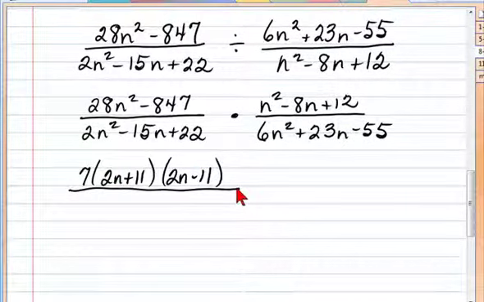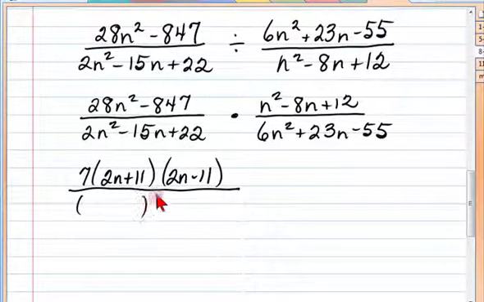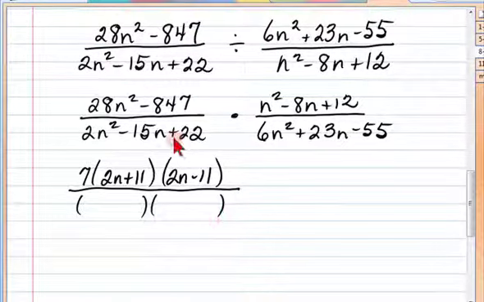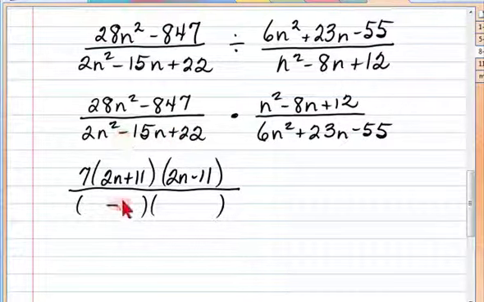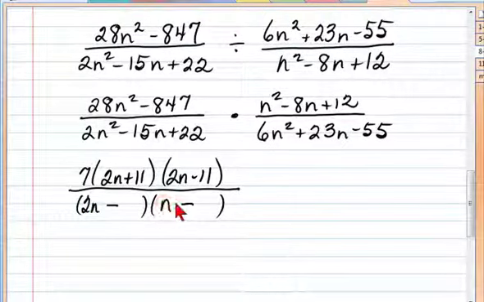Is everybody pretty tired? Would you like me just to write down the correct factors for all the others? Do you want the challenge? All right, this bottom one. Let's see if we can just do it. It shouldn't be too bad because that's a plus, which means both factors are minus minus. I know one of them has to be a 2n and one of them has to be an n.